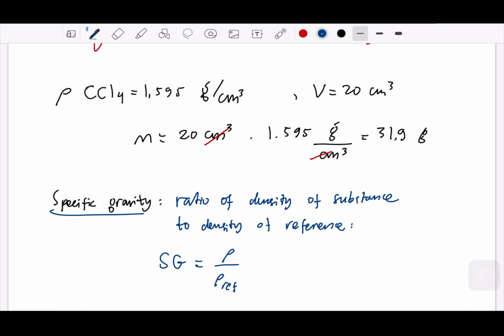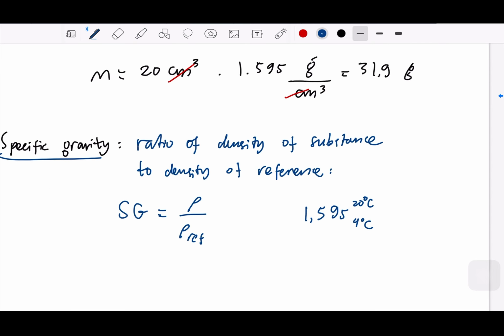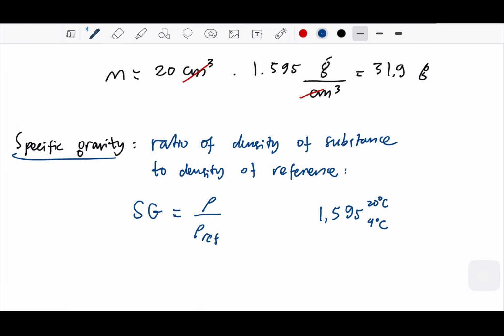Sometimes it's written like this. Maybe 1.595. This is 20 degrees Celsius. This is 4 degrees Celsius. This means that the reference is at 4 degrees.